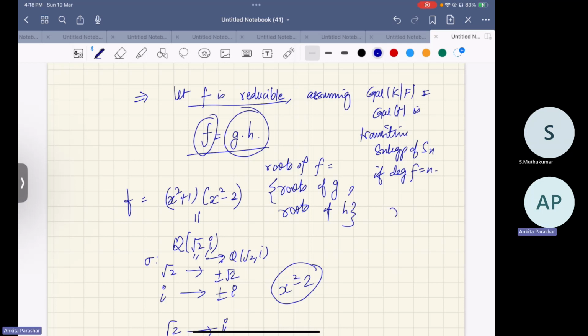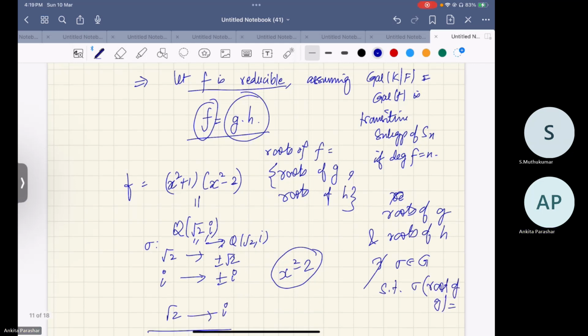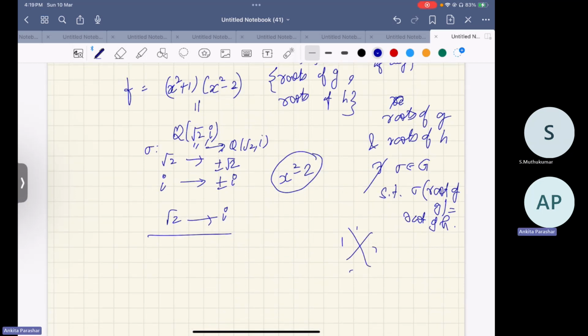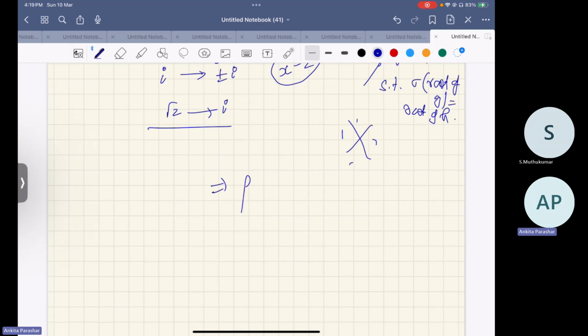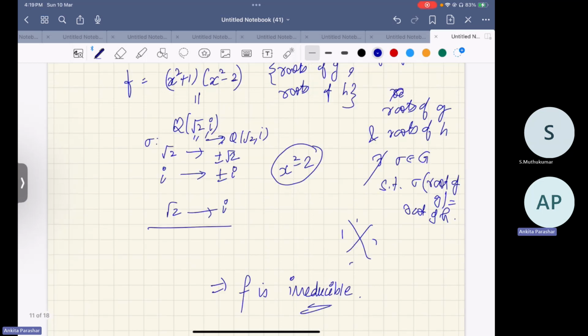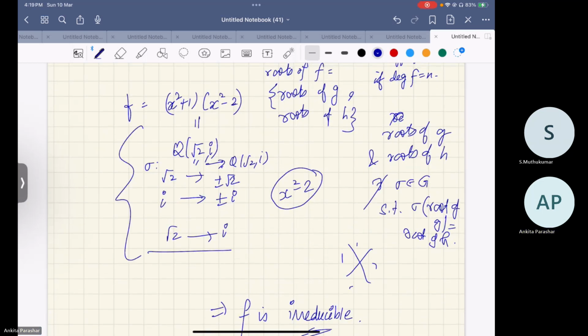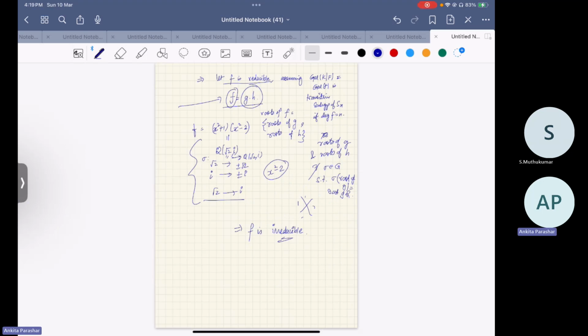There is no such sigma in the Galois group such that a root of g will map to a root of h. And therefore it will contradict the fact that the Galois group is transitive. The assumption that f is reducible is wrong. Therefore, f has to be irreducible. This is one beautiful fact, that you cannot go outside your polynomial. I think it's clear, right?